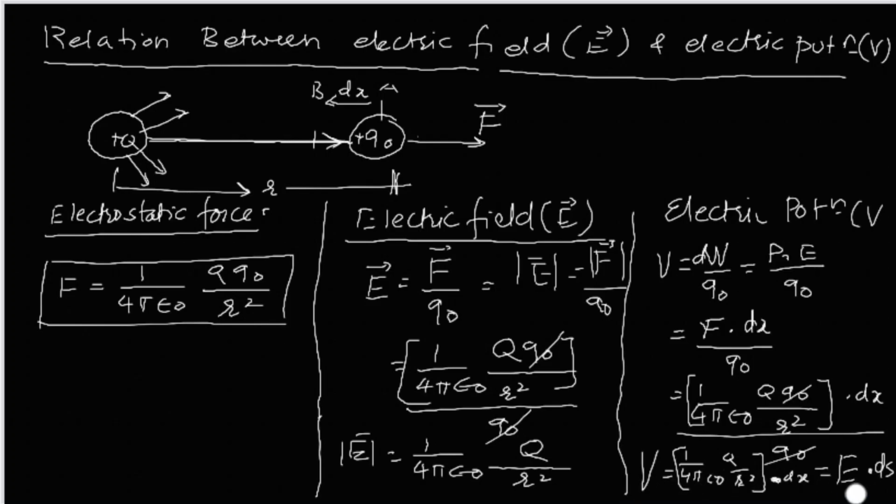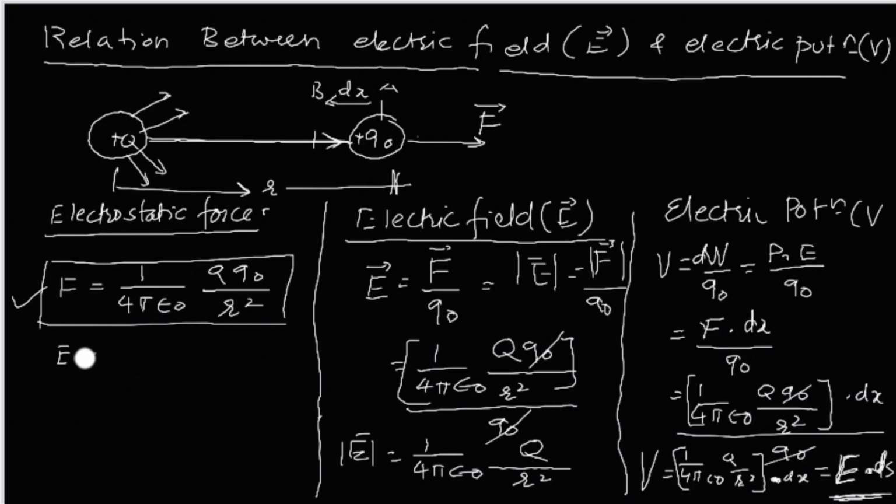V is equal to E into ds. If you are comparing the electric field with the potential, it will be V is equal to E into ds. So we can say here, this is the formula for F, electrostatic force.